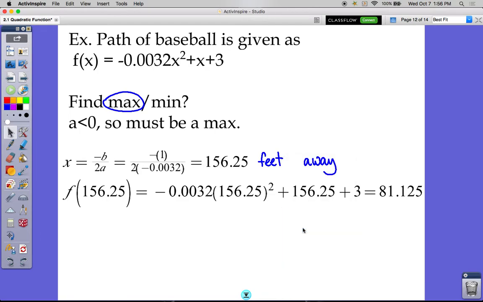So 156.25 feet away from the batter, assuming this was feet, it didn't exactly specify, but if we're talking baseball, that's logical. This thing is 81.125 feet high. So the max height of this baseball flying through the air is 81 feet. That's still pretty high up there.